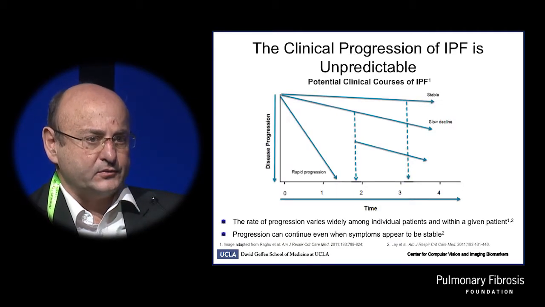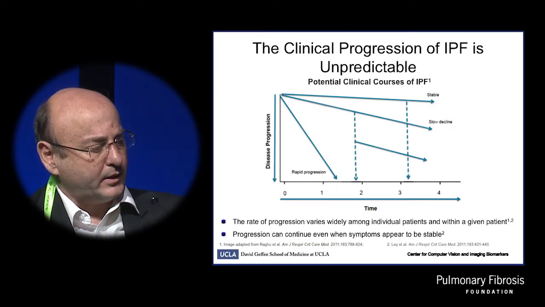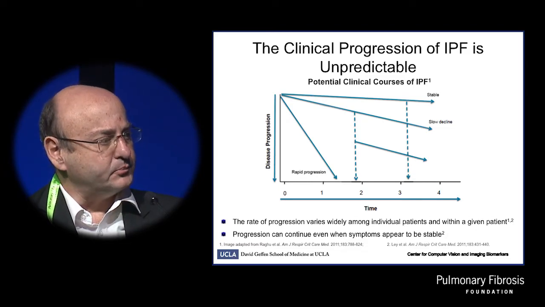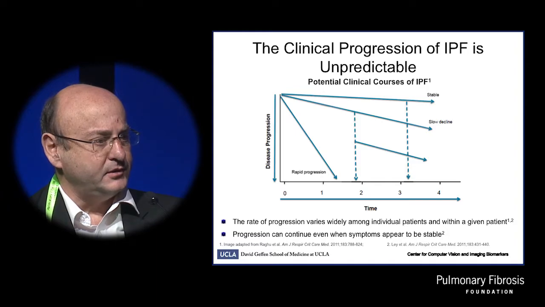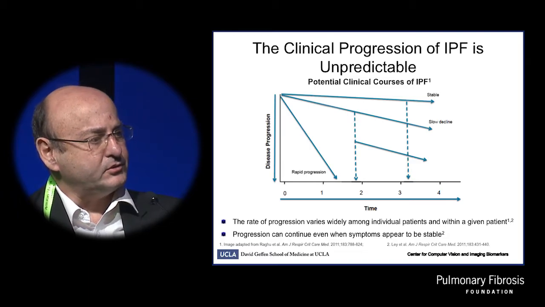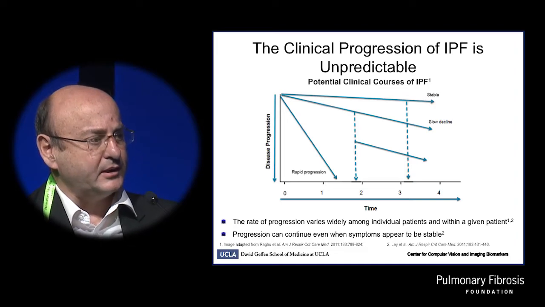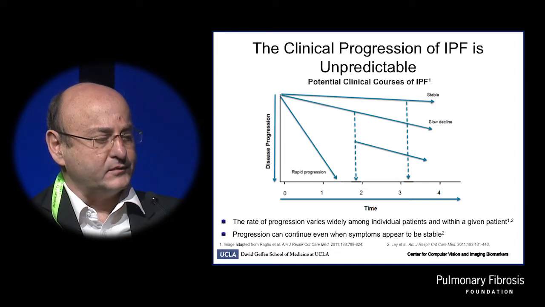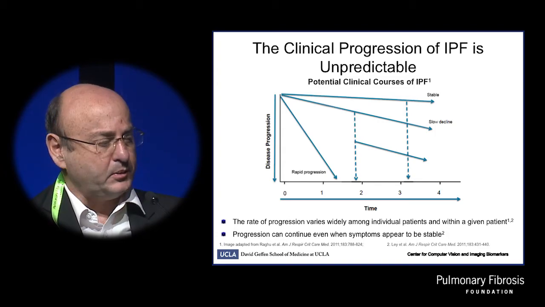The reality is we're left with some work that was published quite a while back now that as we see a patient at baseline, predicting their change is really not something we're good at doing. Who's going to be a slow progressor versus a rapid progressor versus a patient who's medium and then suddenly becomes worse? This is something that we haven't quite got our hands around, and it's an area that imaging may play a role.